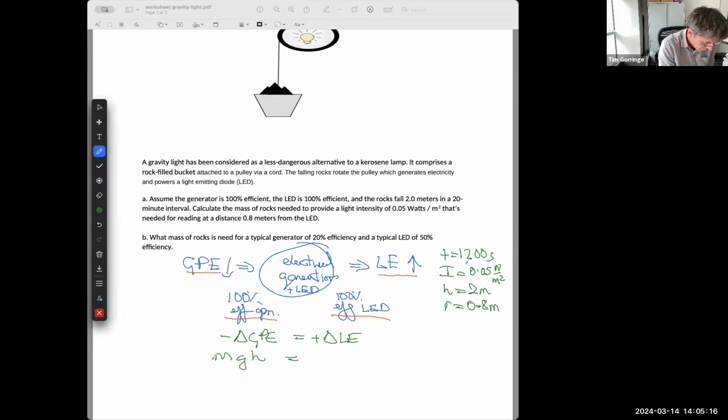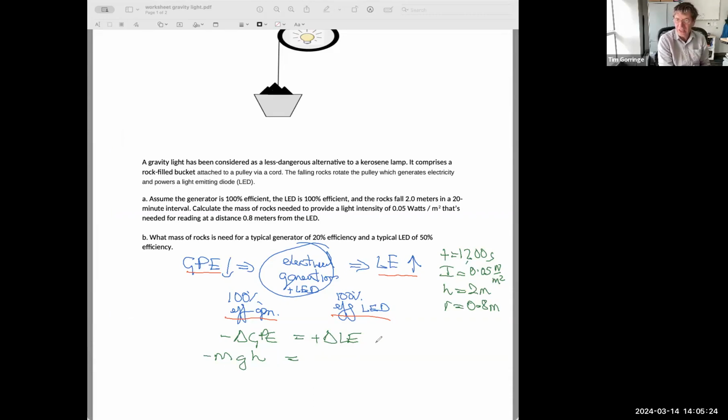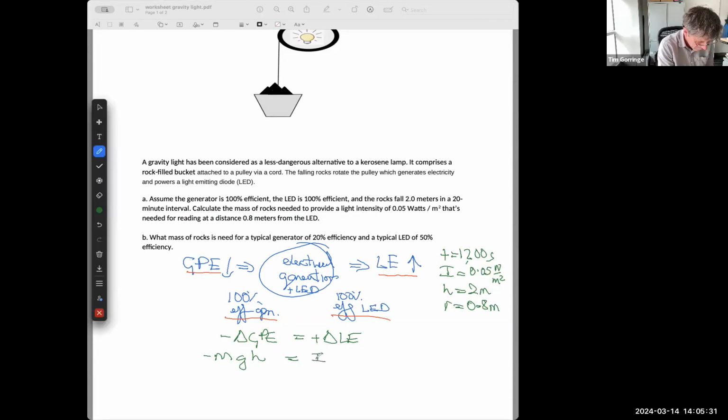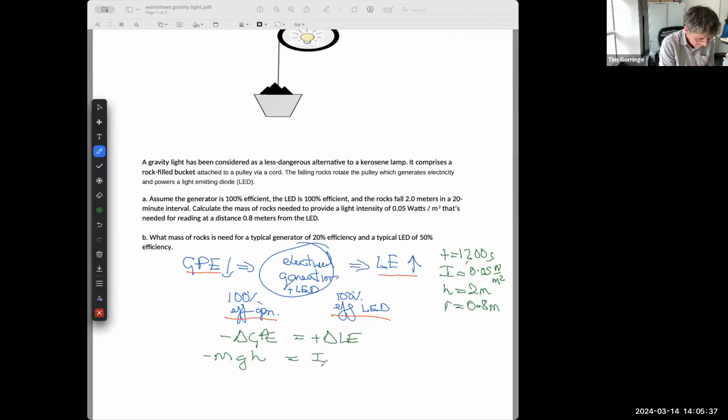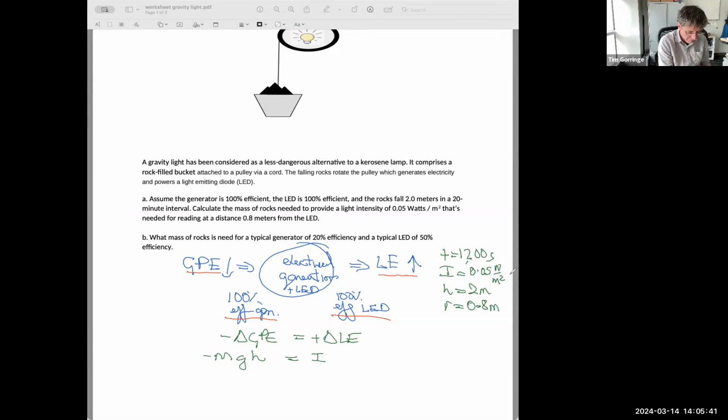So that's our equation over here on the left-hand side. And now we want the change in light energy on the right-hand side. Well, I'm going to start with the intensity of light. We've been told we want an intensity of light that is 0.05 watts per square meter.